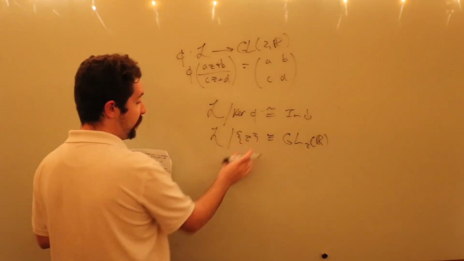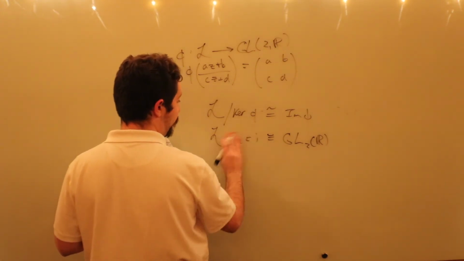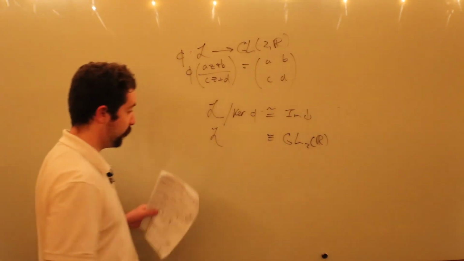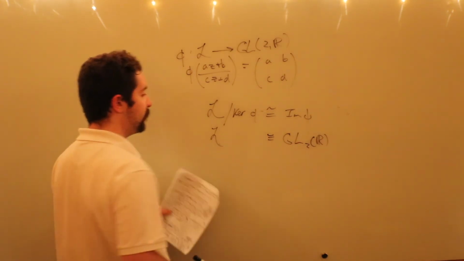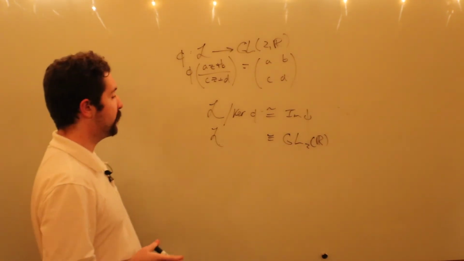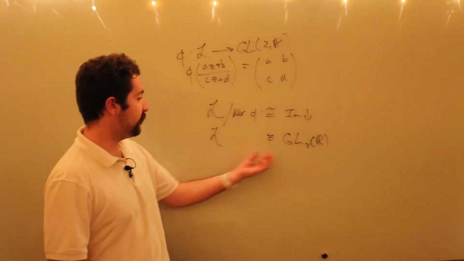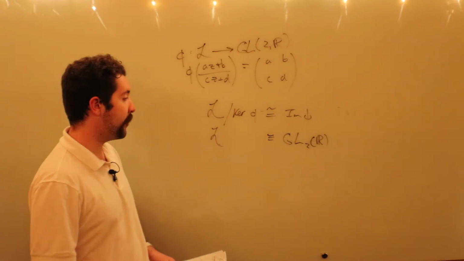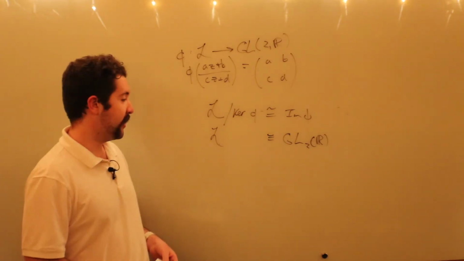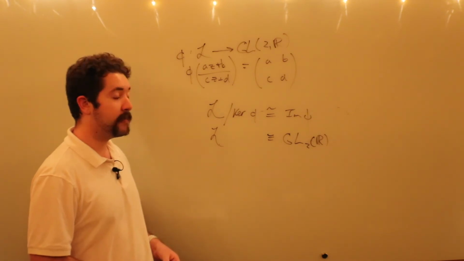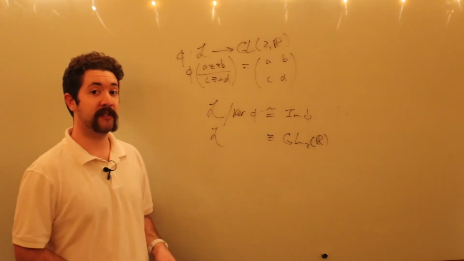And because this is the trivial subgroup, once again, L quotiented by the trivial subgroup is isomorphic to L, so that we get an isomorphism between these two groups. And so we didn't actually have to show directly that these two groups were isomorphic. All we had to do was find a homomorphism between them, and then by the first isomorphism theorem, that homomorphism phi induced an isomorphism between them.